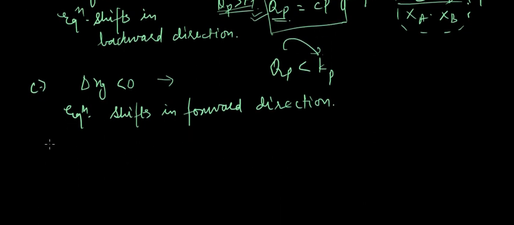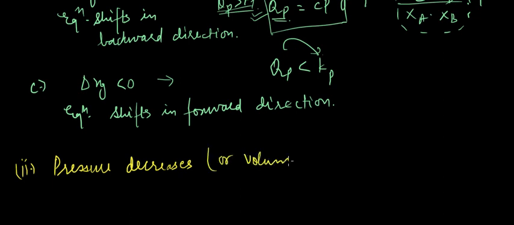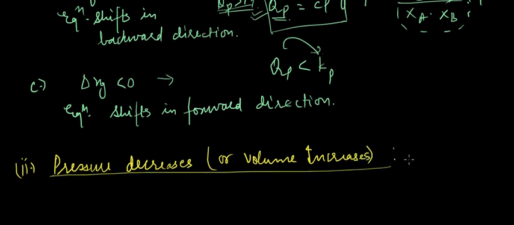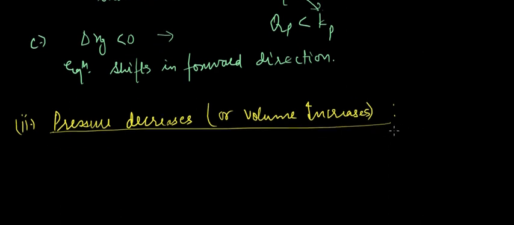So let's see another point. What happens when pressure decreases? Pressure decreases, or we can say volume increases. Again we will have three conditions, in which first delta ng is, let's say, 0.